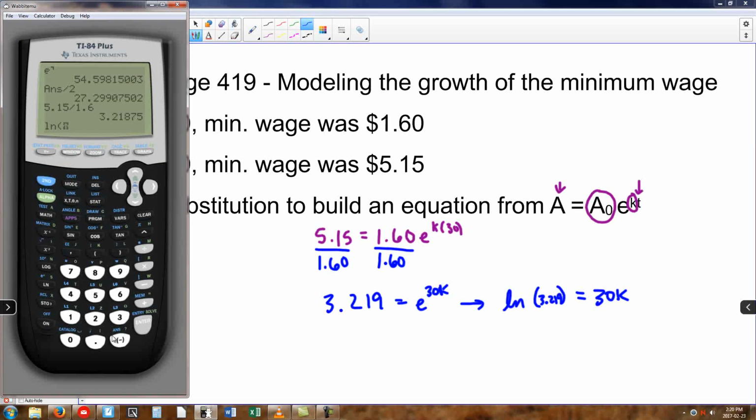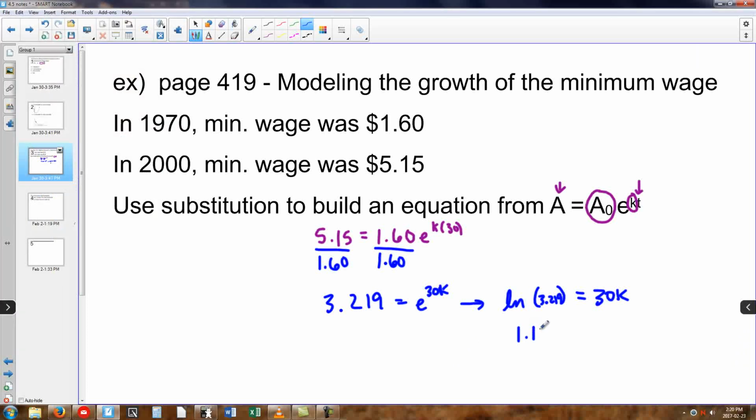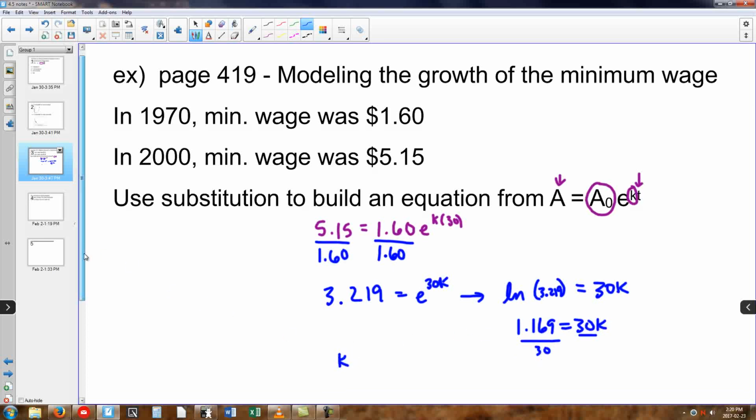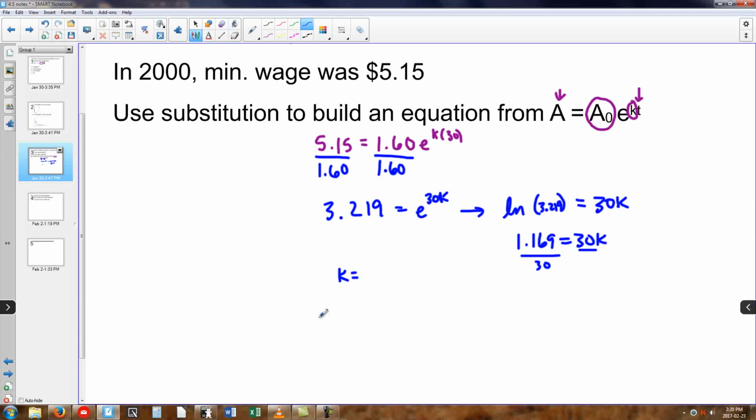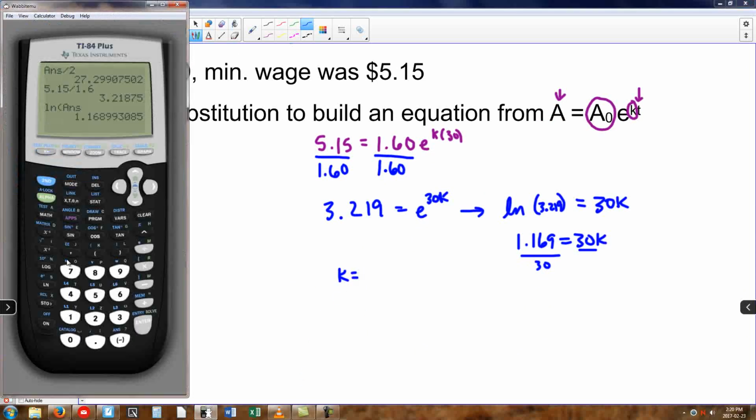I'm just going to use the answer key here to get as exact an answer as I can. I get 1.169 equals 30k, and so I divide by 30, and k comes out as 0.039.